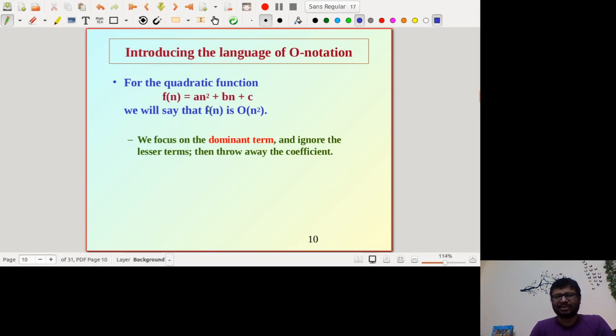We focus on the dominant term, ignore the lesser terms, and throw away their coefficients. We'll make it formal soon, because the intuition is that when n becomes very large, a n square will be much bigger than b n plus c. So b n plus c will lose importance as n grows, and their importance will soon become insignificant, so you can just discard them.